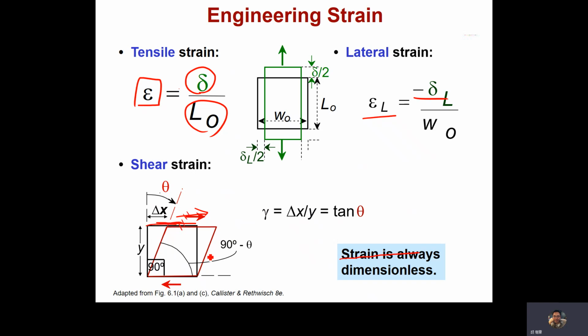When a shear force is applied, the specimen must be deformed, and we define the shear strain as delta x divided by y. That means it's tangent theta. Therefore, tangent theta is the shear strain.